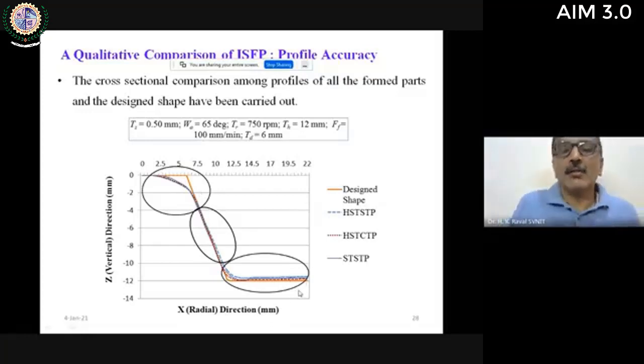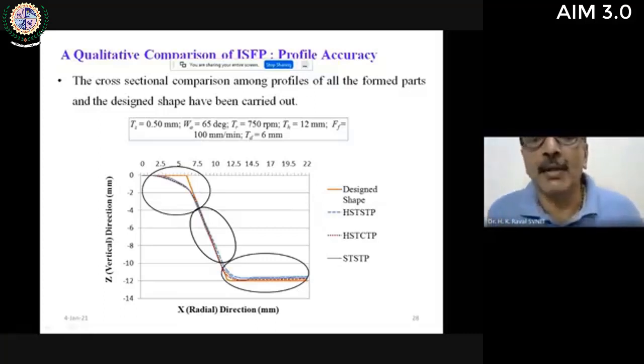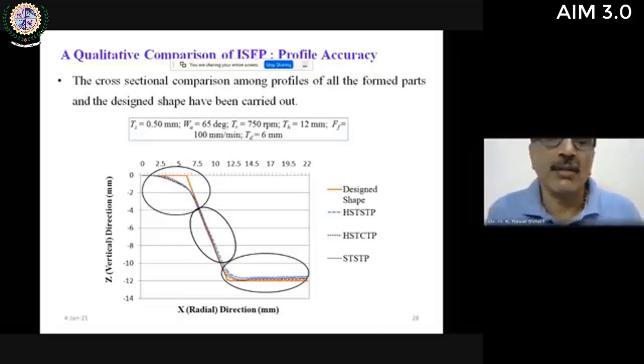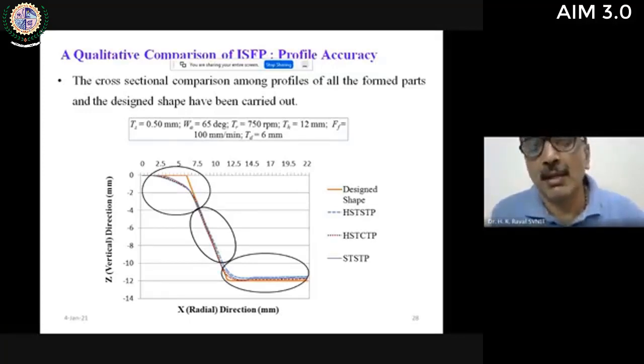So this is also an important point: the average may be favorable, but the localized error might be a point of concern. So one has to balance.